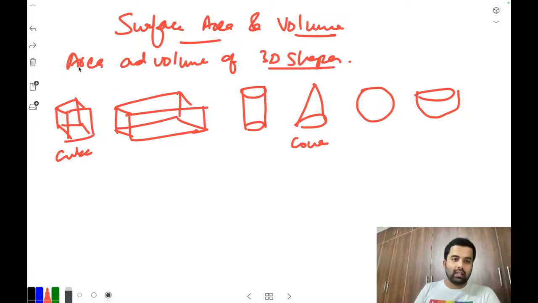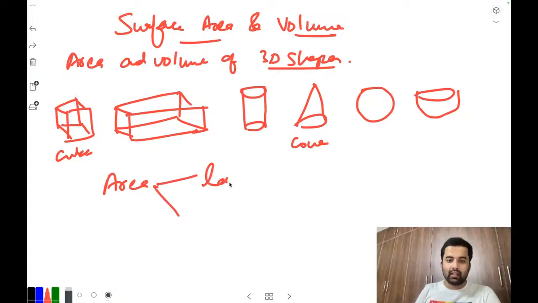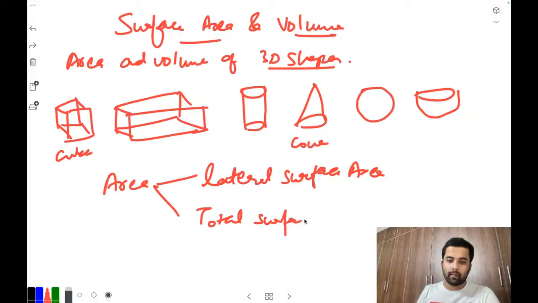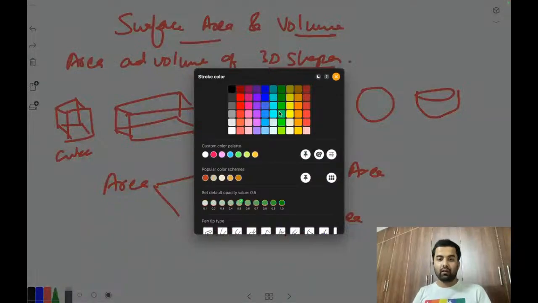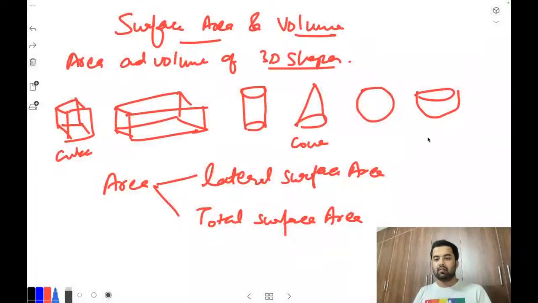In the area part, we have to discuss two parts, which mean lateral surface area and total surface area. If you remember, lateral stands for, suppose we take any one shape, a cylinder shape.